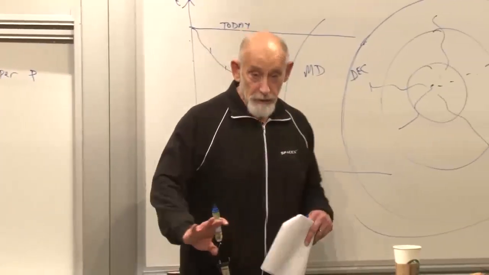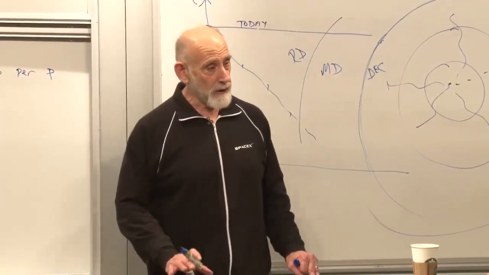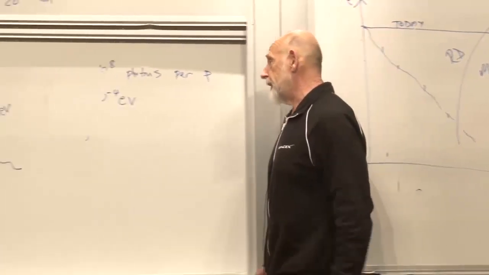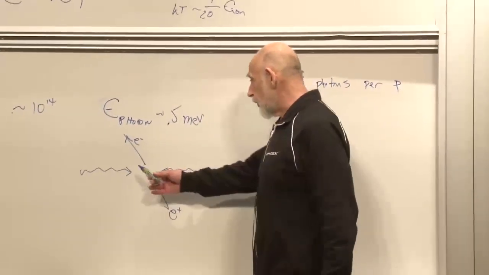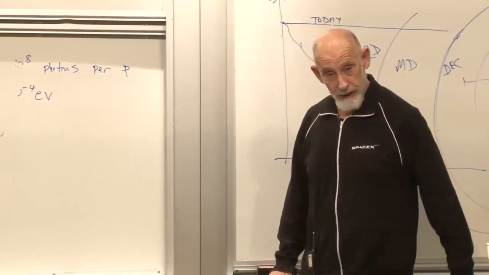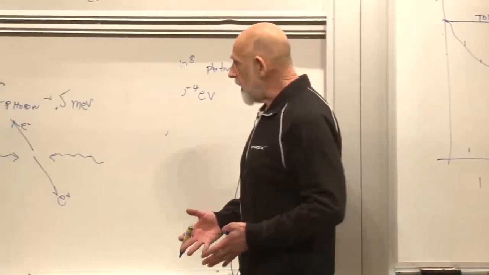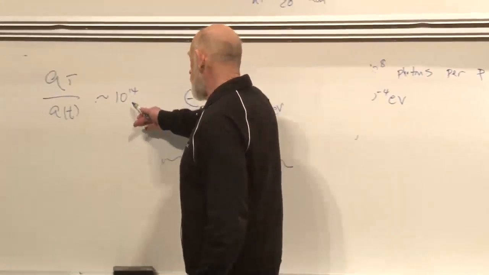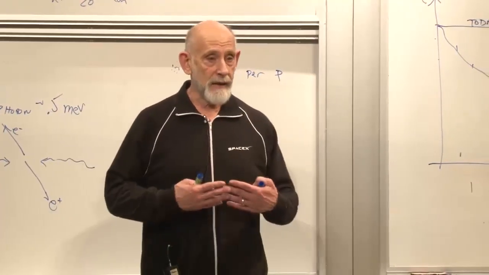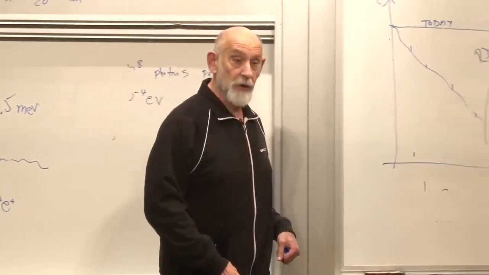Whether it does or doesn't happen is a matter of quantum electrodynamics and computation, but it could not happen when the energies were much lower than the energy of the mass of an electron. So once you get up above this threshold here, the photons have enough energy that they can make electron-positron pairs, and they do.